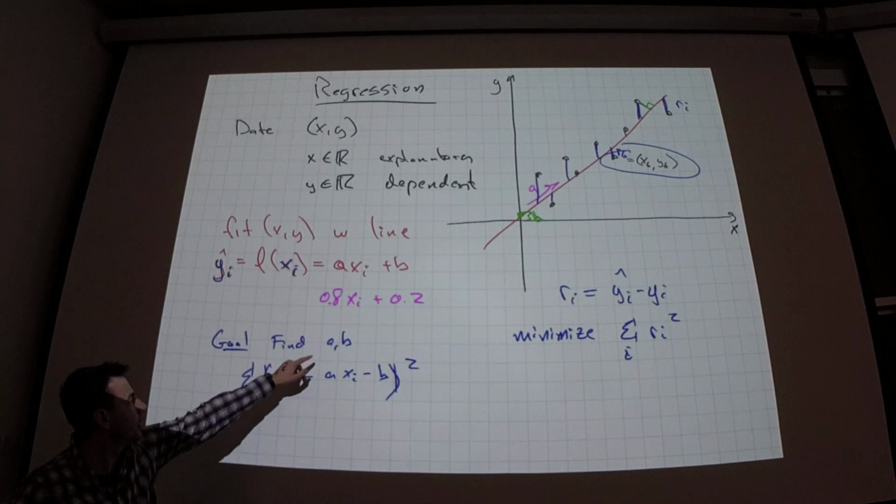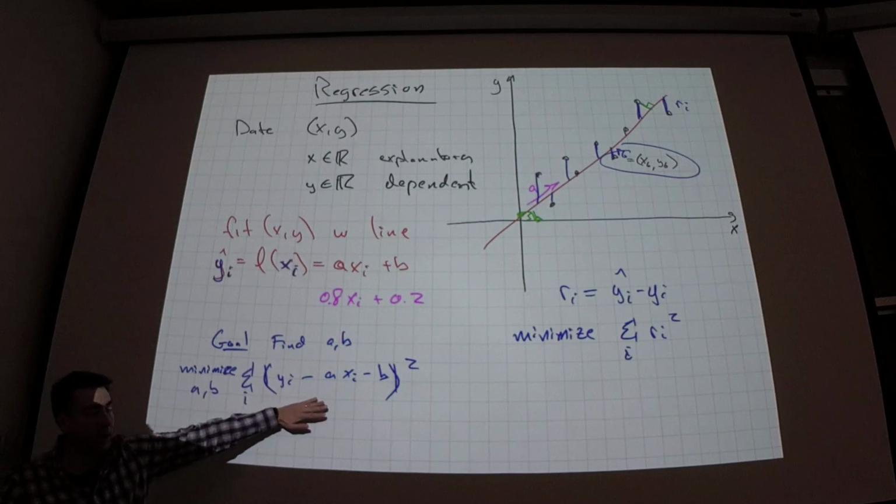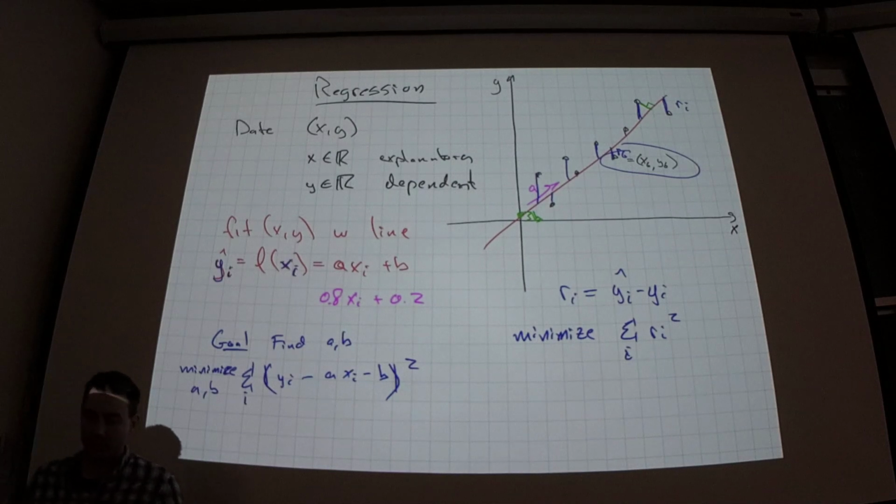So I want to minimize, over the choice of a and b, this quantity here. This is the setup of ordinary least squares regression.